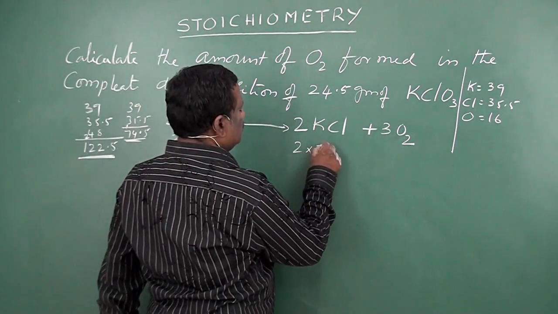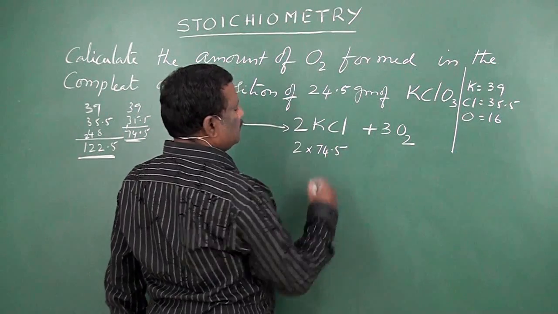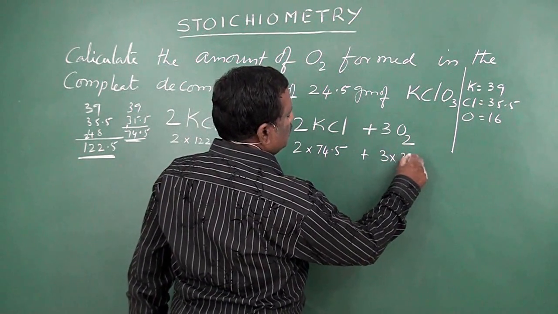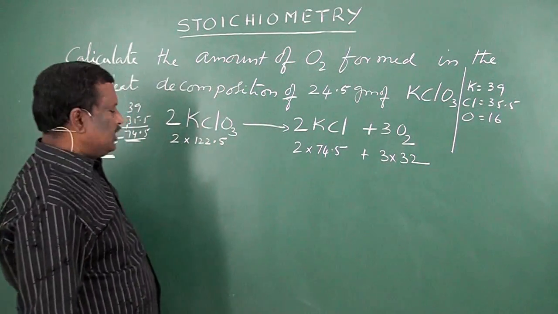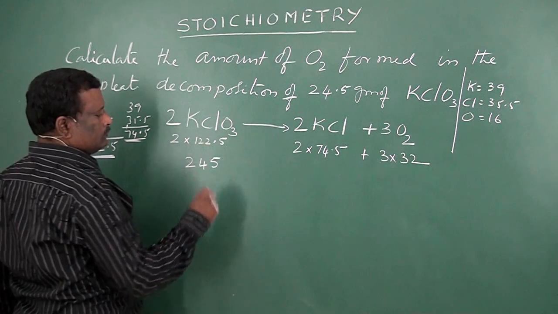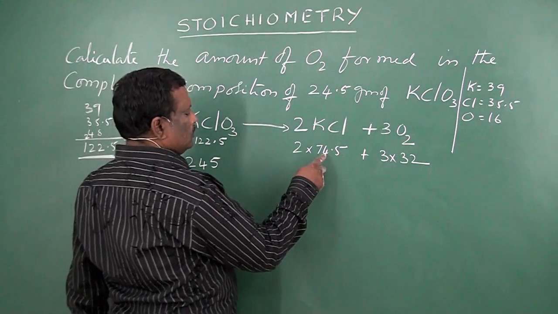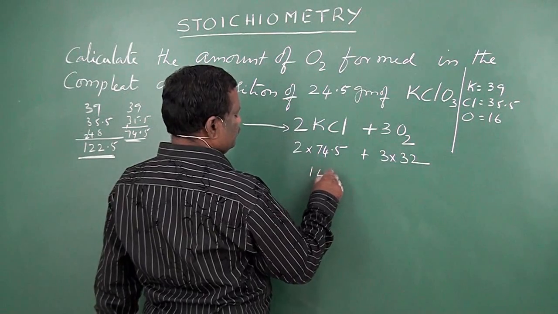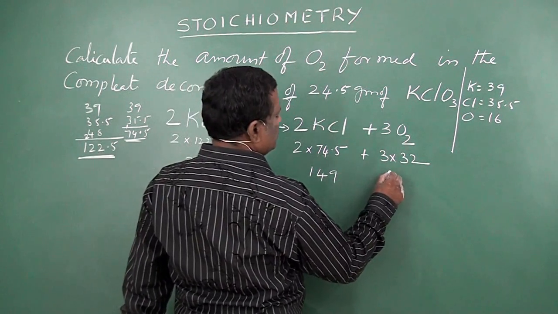Two into 74.5 is 149, and here 3 into 32 is 96.